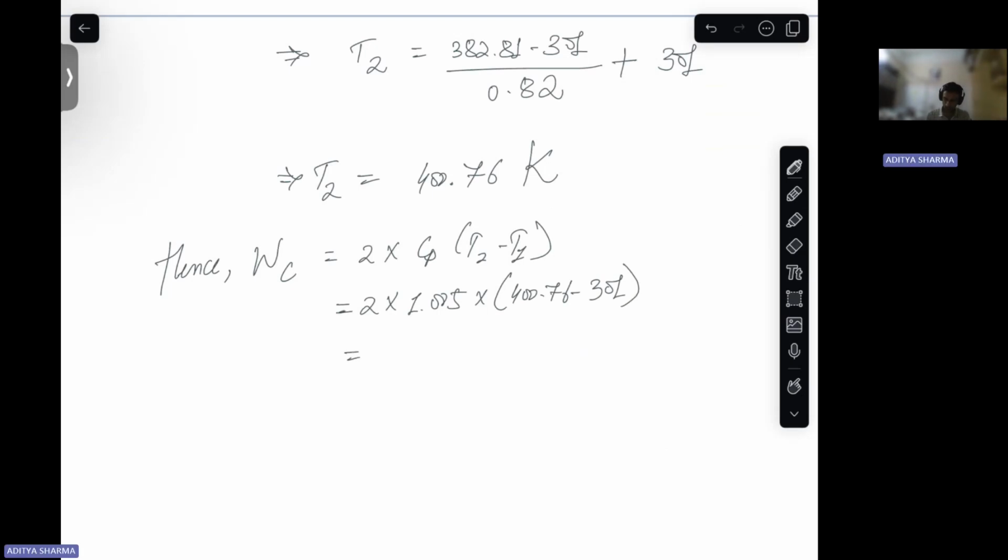This comes out to be 200.51 kilojoule per kg. So this is your compressor work. Question number 4.